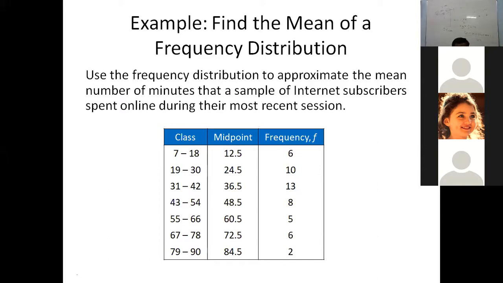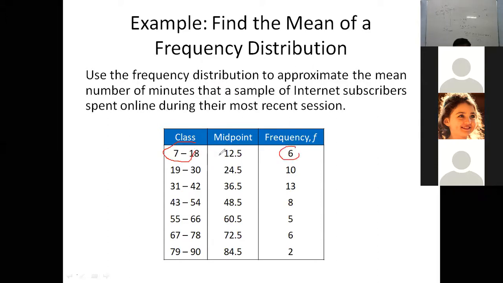So for the first example, right? So this is the class, this is the frequency. So what is the midpoint? You add these two, divide by 2. What is the midpoint? So 12.5. Write down 12.5 multiplied by 6 plus the next one. The midpoint of that is 24.5 multiplied by 10.